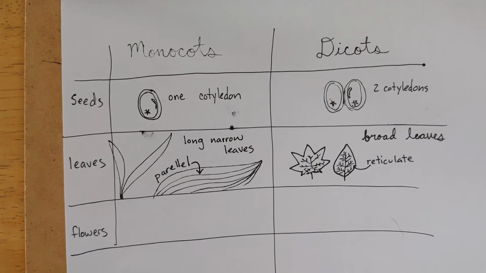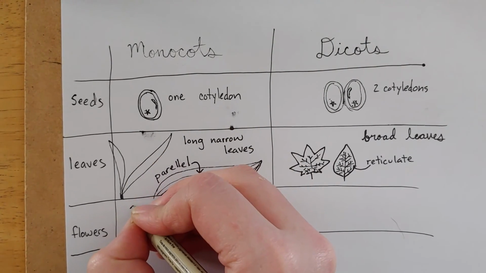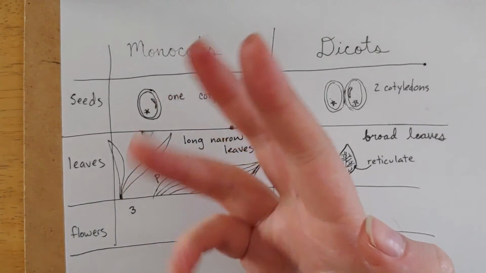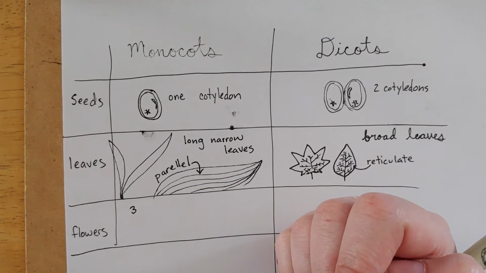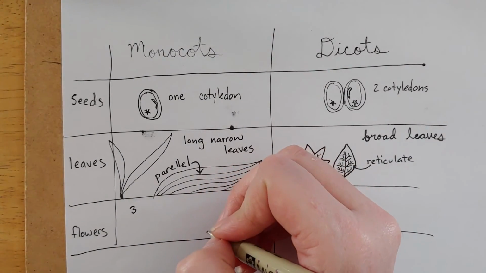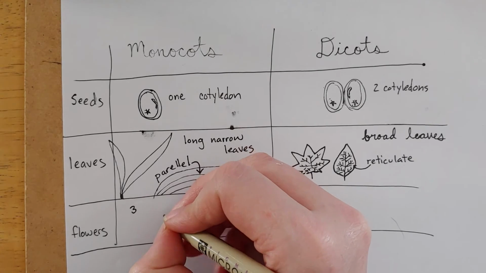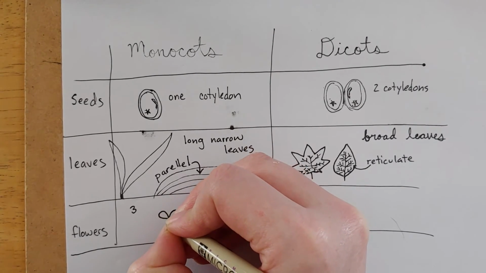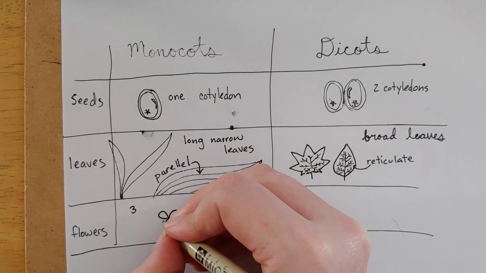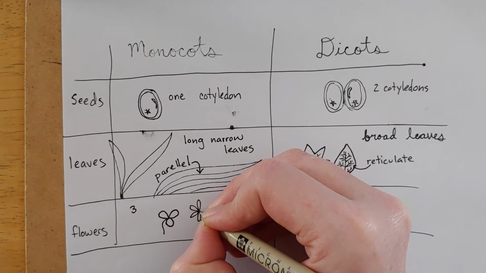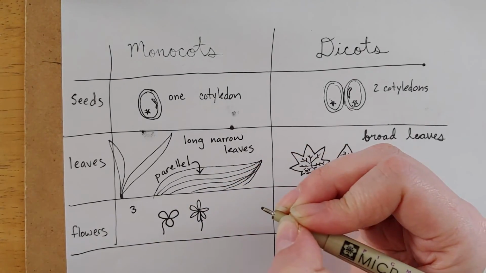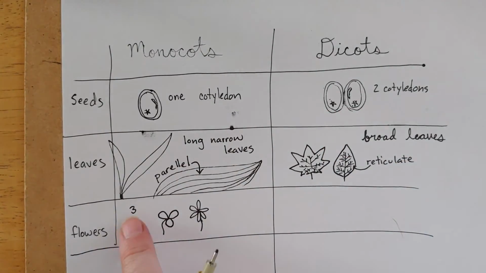If we look at the flowers, if you have a monocot, its flower parts come in multiples of 3. So remember, a multiple is the numbers you get to when you count by it. So multiples of 3 are 3, 6, 9, 12, and so on. When it says the flower parts come in multiples of 3, it means that monocot flowers have 3 petals, or maybe they have 6 petals, or maybe 9 or 12, but in multiples of 3.